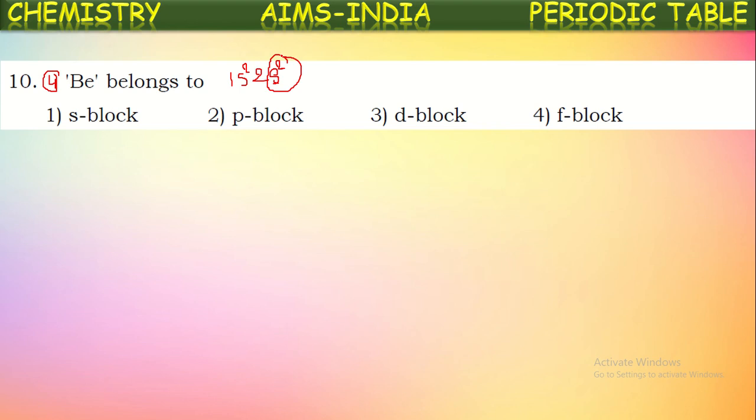So this beryllium belongs to the s block of the modern periodic table. In this way, not only beryllium, for all the elements in the same way, we can identify the block to which it belongs, just based upon the subshell in which the differentiating electron is located. Okay.